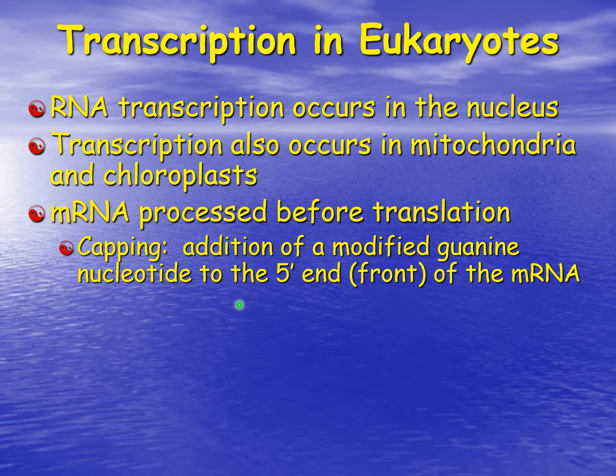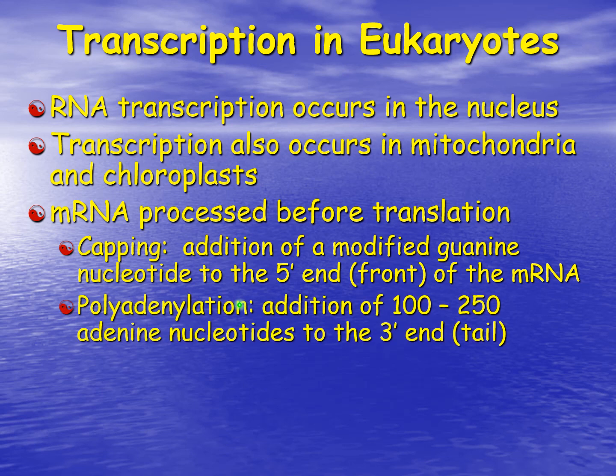We think that the 5' guanine cap may assist the ribosome in finding the first start codon found on the messenger RNA strand during translation. We also will add anywhere from 100 to around 250 adenine nucleotides to the 3' end, and this is known actually as the poly A tail. This may actually help stabilize the messenger RNA strand.